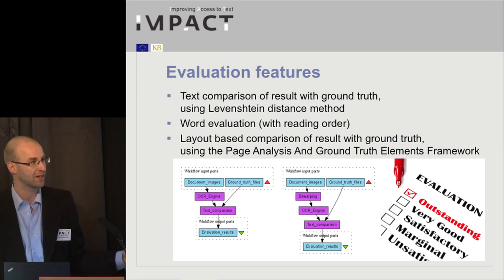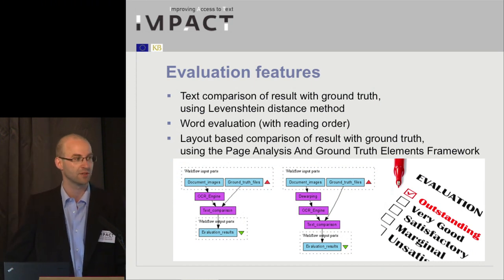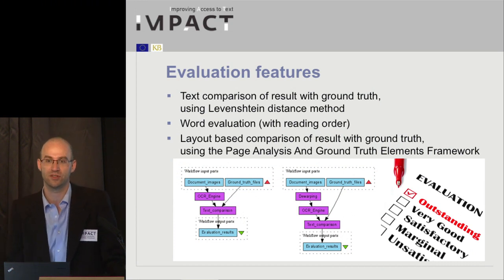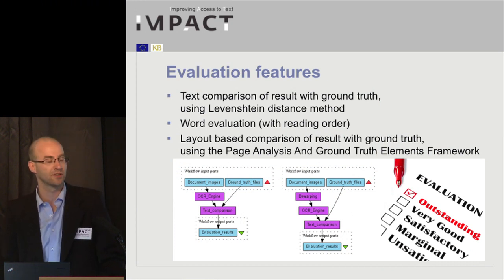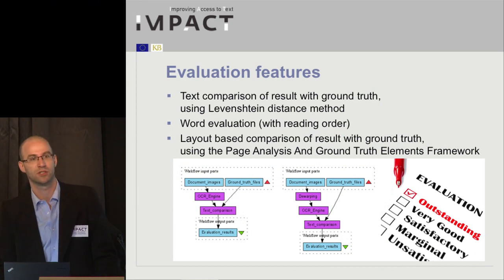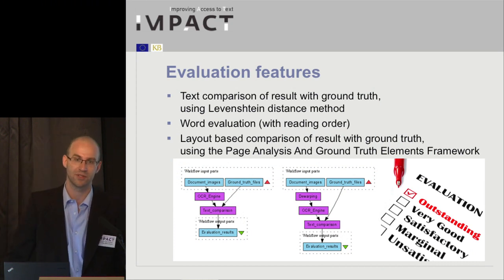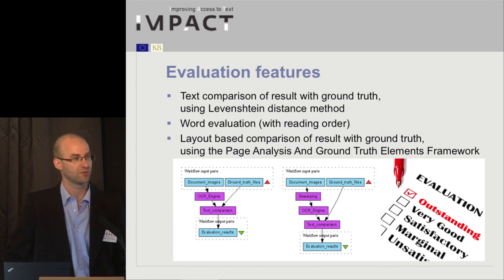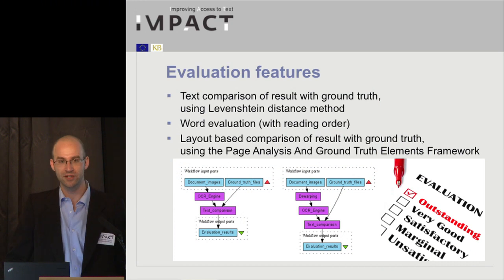That's just a plain text evaluation, also based on the Levenshtein distance method that Klaus already explained in his talk. We can do a word evaluation, which also considers reading order. That's really quite important. So, for example, if segmentation goes wrong and you merge 2 columns, you destroy the reading order.